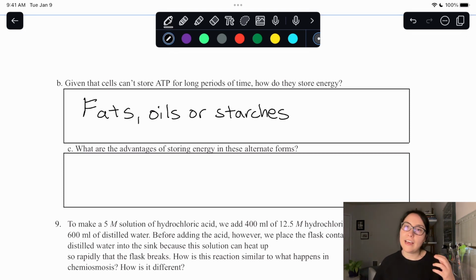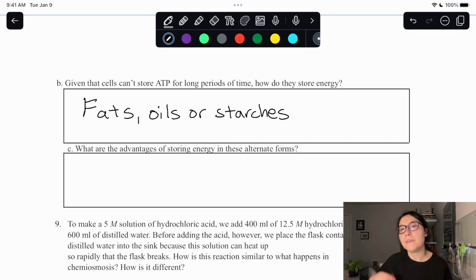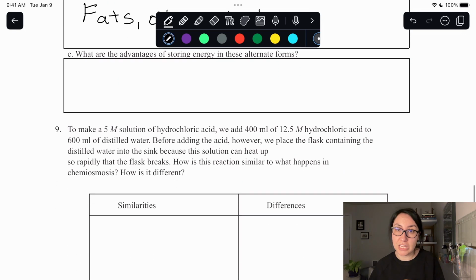Is it polar or non-polar? It's going to be non-polar most likely, because ATP will probably be polar. And it's basically like oil and water. They don't mix. They're going to stay away from each other. It's a heterogeneous mixture, not a homogeneous mixture, which is kind of what you want when it comes to cells. That would be bad if it was homogeneous.